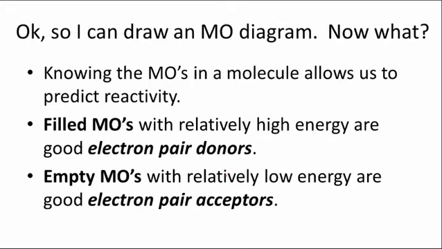Filled MOs with relatively high energy are what we call good electron pair donors, meaning they're willing to go out and share those pairs of electrons. And when you have empty molecular orbitals with relatively low energy, they're what we would call good electron pair acceptors. So they're willing to be shared with.